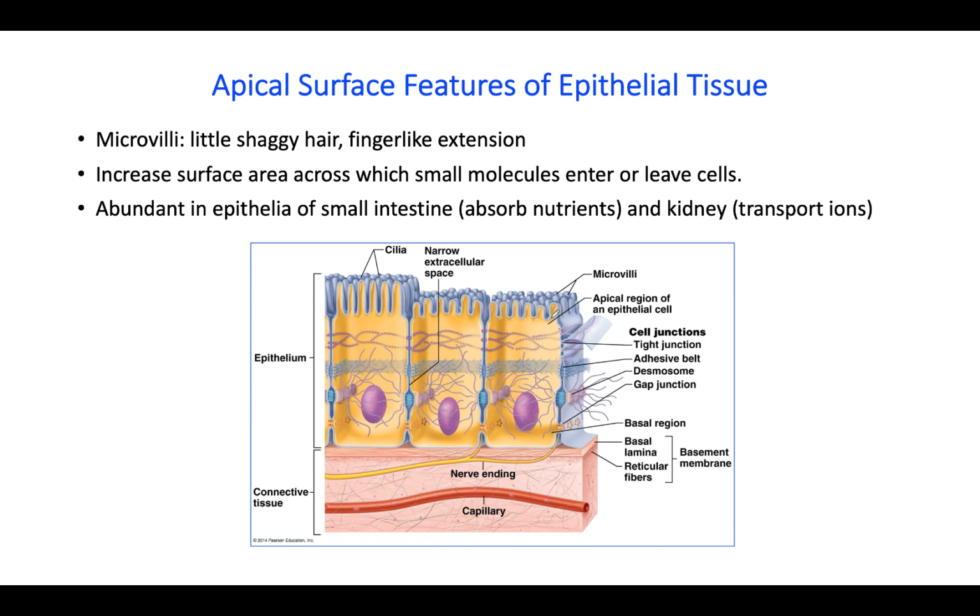The membrane protrudes so that they can increase the surface area across which small molecules can enter or leave cells. It's also very advantageous for absorbing nutrients because the surface area is increased. This kind of microvilli can be found in the epithelia of the small intestine and also the kidney.